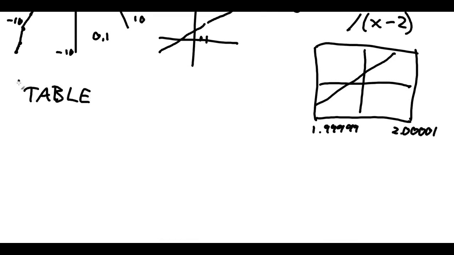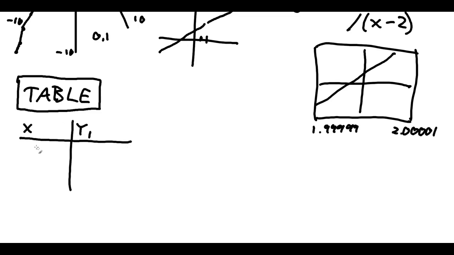If you put the function into y equals, just like you would graph it, so you have a function all ready to graph, maybe you even did graph it, doesn't matter if you actually graph it or not, and you go into table, by default what you'll usually see is something like x and y1, and there'll be a whole bunch of numbers listed down here and the corresponding y values.